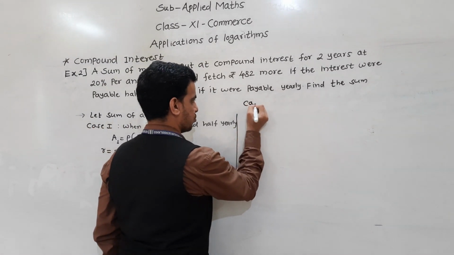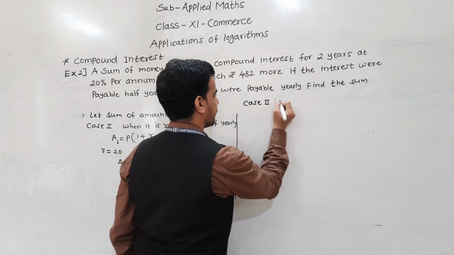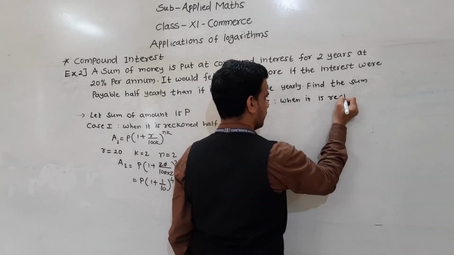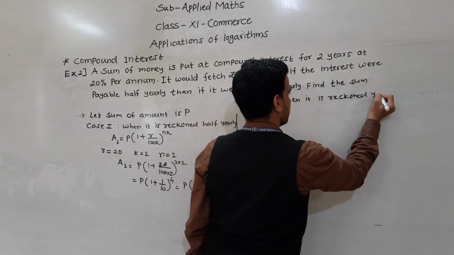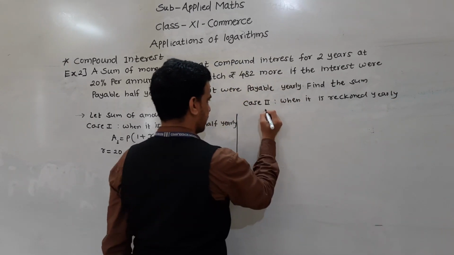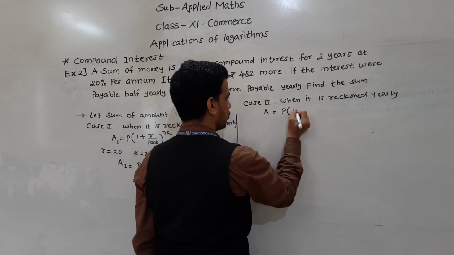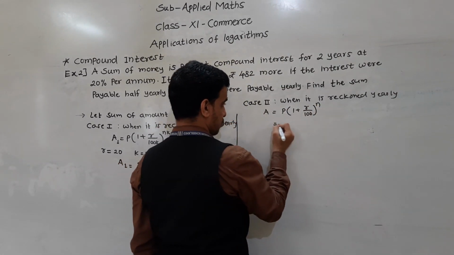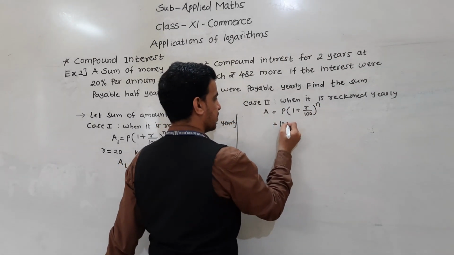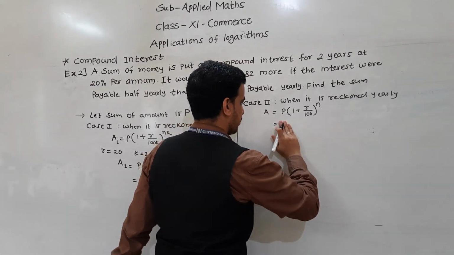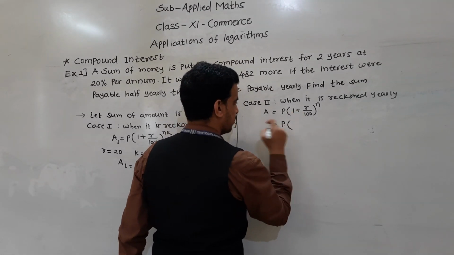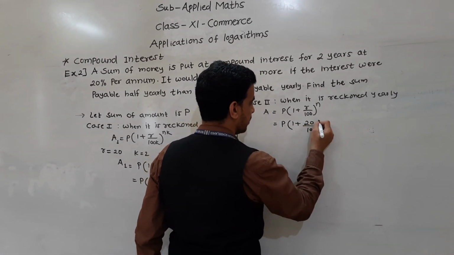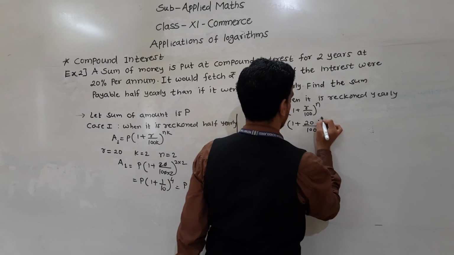In second case, when it is reckoned yearly, amount is equal to P into 1 plus R by 100 raised to N. P is not given, R is 20 upon 100, raised to N is 2.